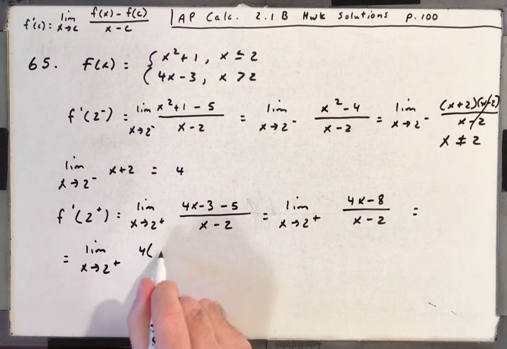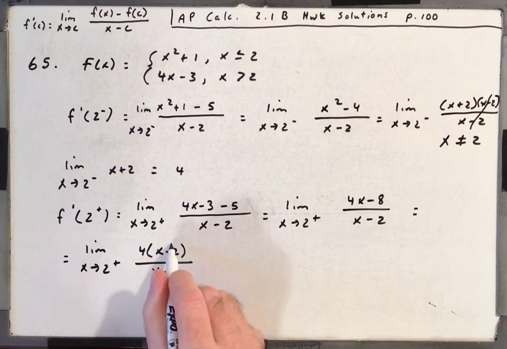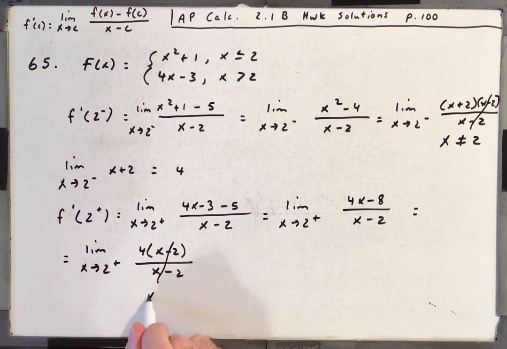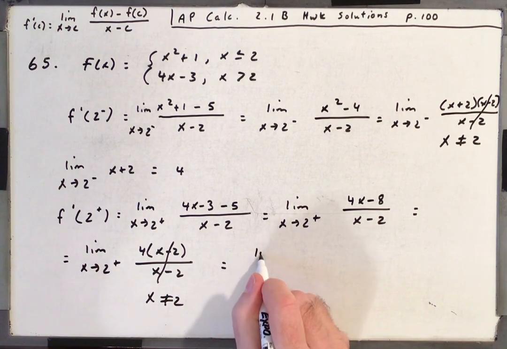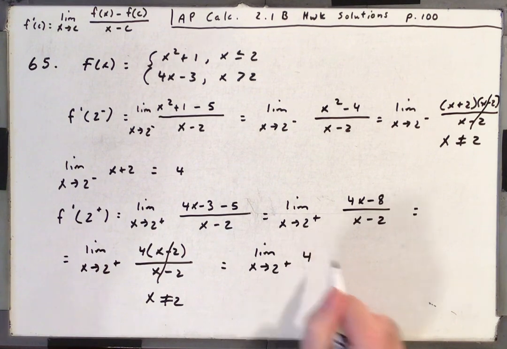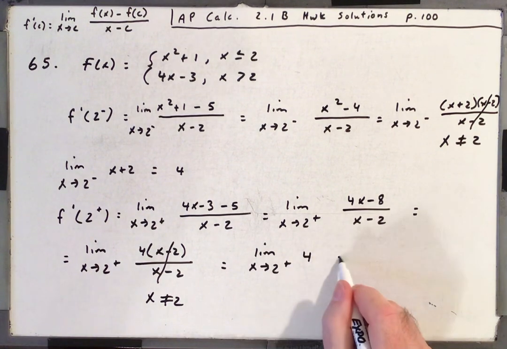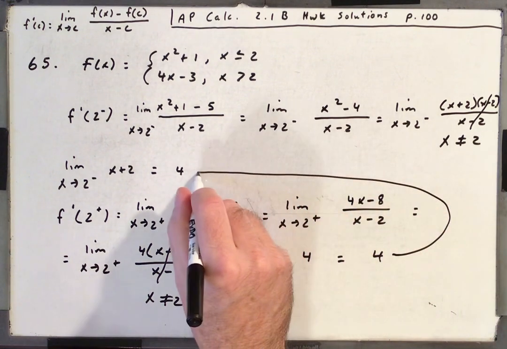So factor out a 4 and you've got x minus 2 over x minus 2. Kapow. As long as x is not equal to 2. And that is going to be the limit as x approaches 2 from the right of 4. The limit of a constant is a constant, so that's 4. So these two are equal.